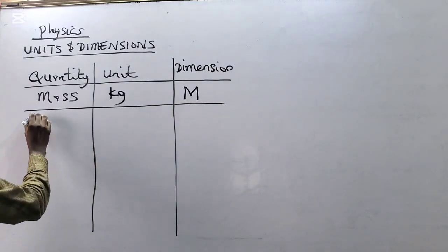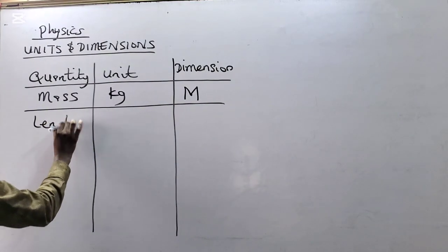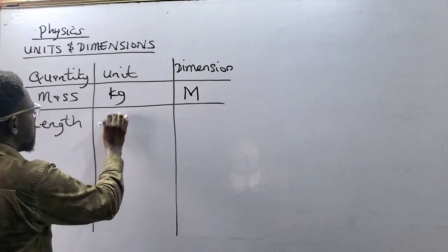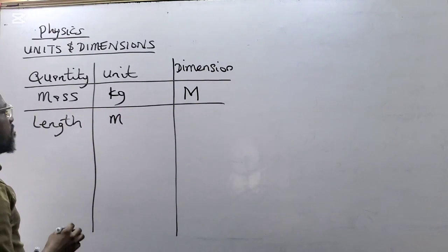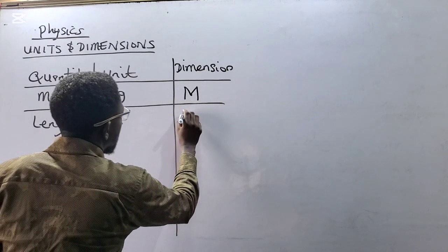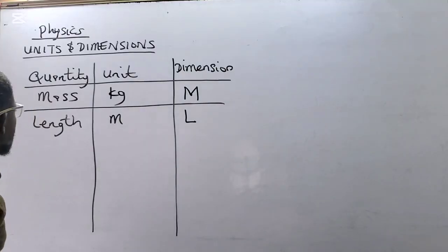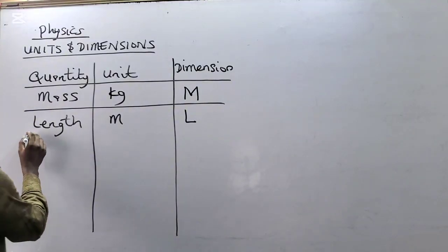Now we have length. The unit of length is meters, and the dimension of length is L. The next one is time.